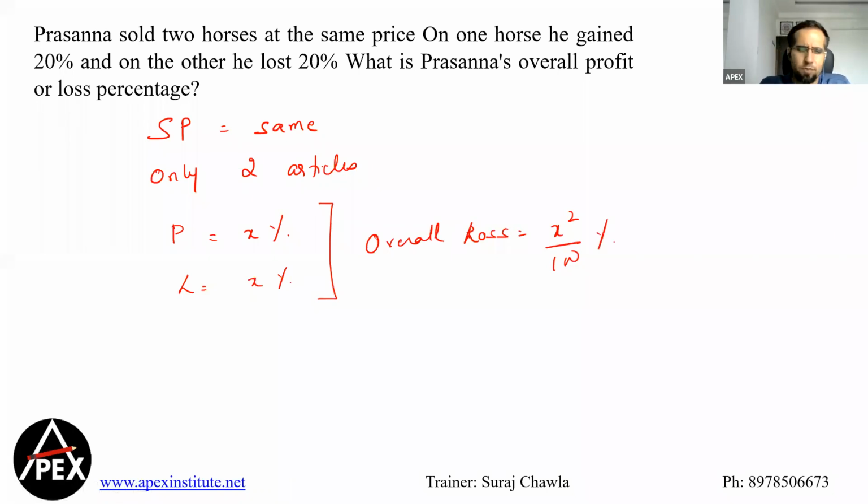Simple. So X square is 20 square, 20 square is 400, 400 by 100 is 4% loss. Clear, guys? If this condition is not mentioned, then we solve with the basic method.